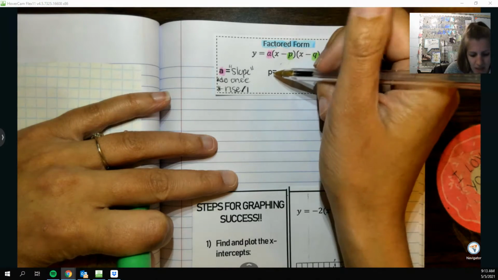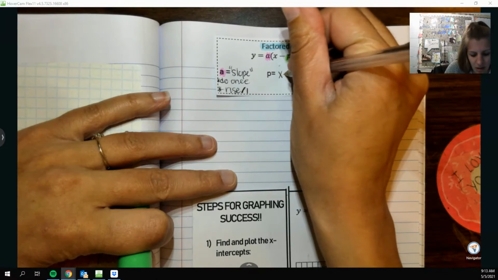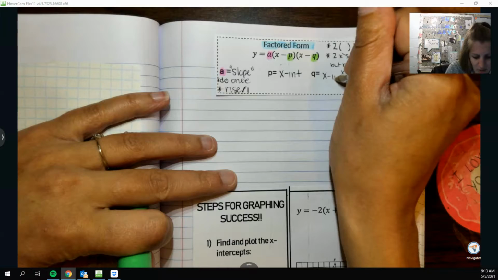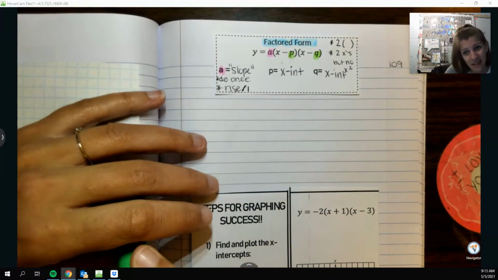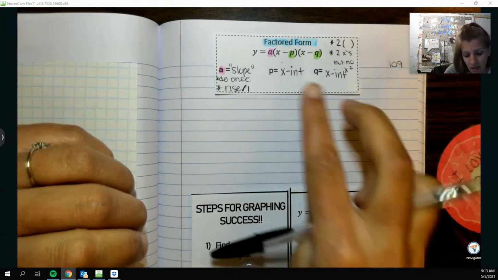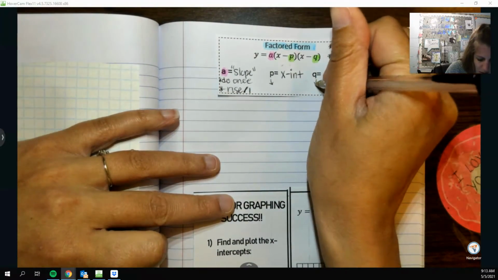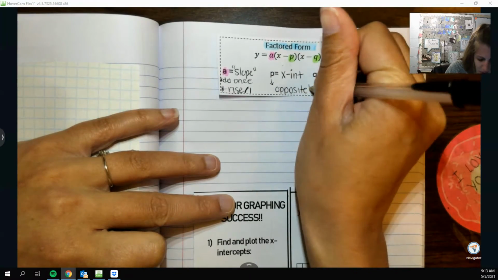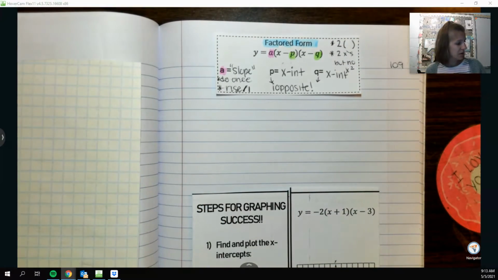But furthermore, your P and your Q value are your x-intercepts. And so that's kind of why this form is sometimes called intercept form, because that's what it's showing you. It's showing you your x-intercepts. And again, we want to be careful because they're going to be opposites, or opposite of what you see.